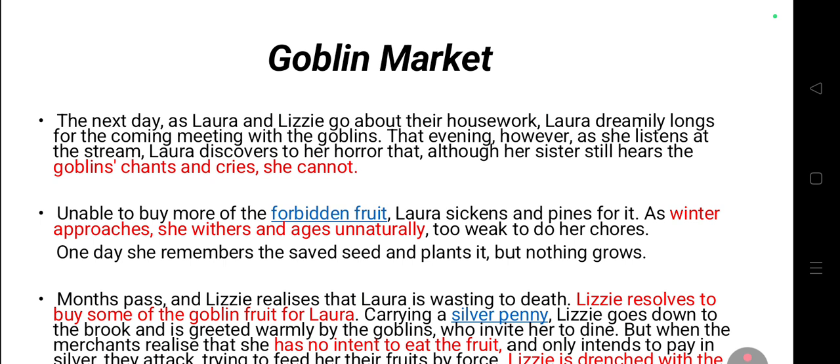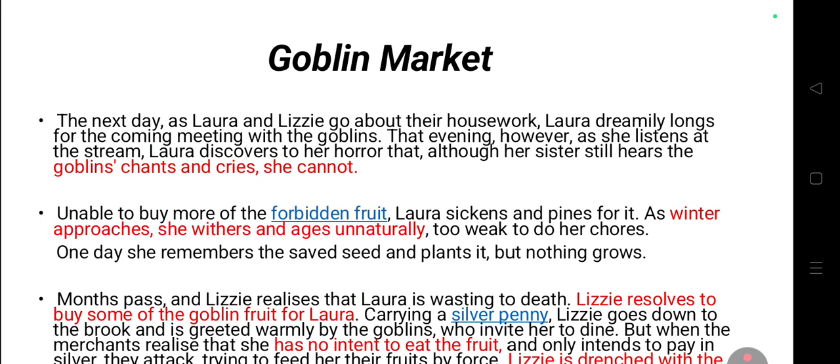Laura sickens, so she falls ill and pines for it, very much eager to get those fruits that she tasted yesterday. As winter approaches, she withers and ages unnaturally. See, the similar condition that Ginny had is happening with Laura.